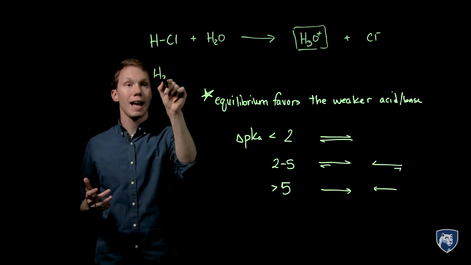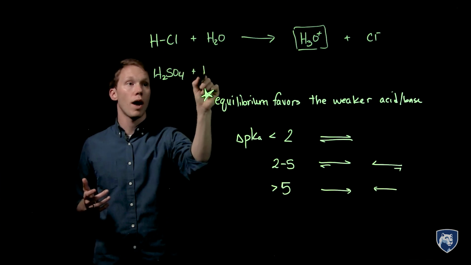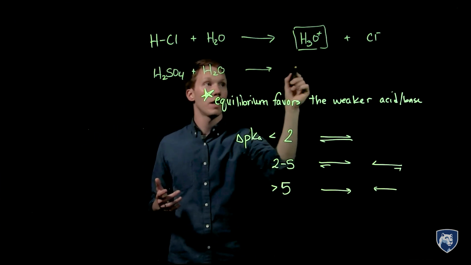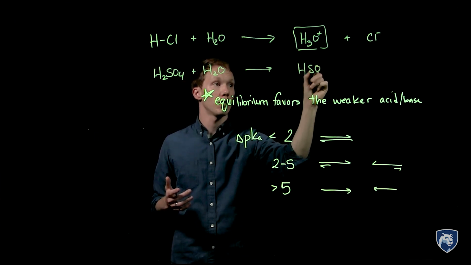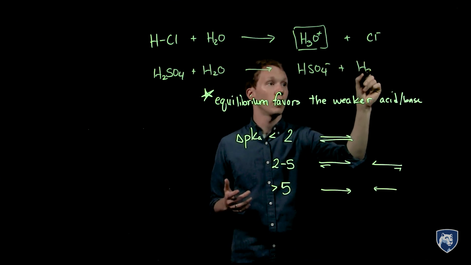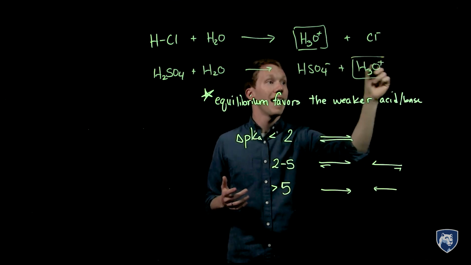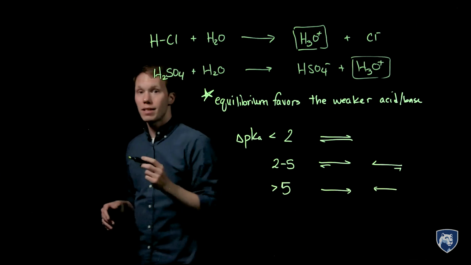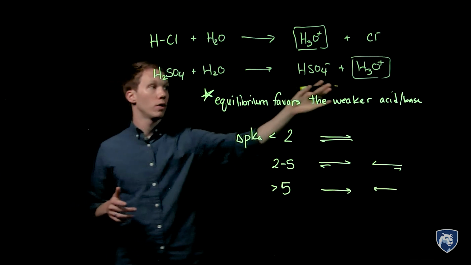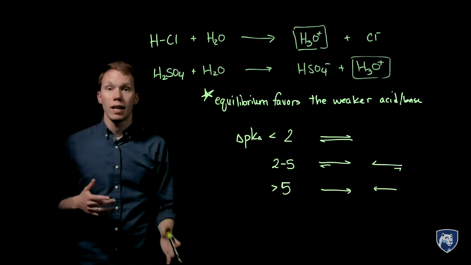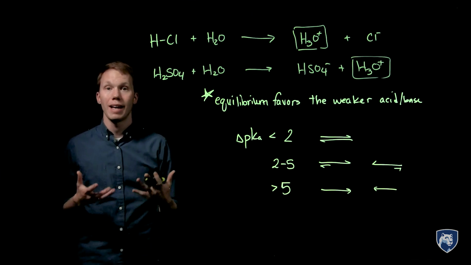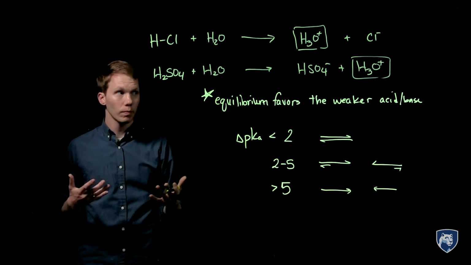Same thing with sulfuric acid. In water, it loses 1 proton to form HSO4 minus and hydronium ion. So anytime we see these acids in our chemical reactions, we will be wanting to use water as the hydronium ion as our proton shuttle.